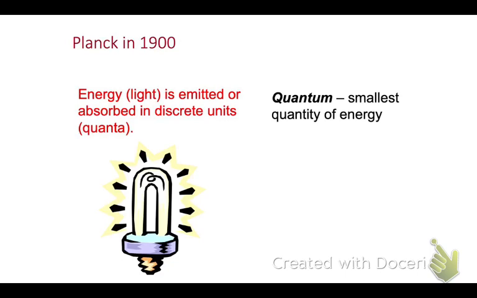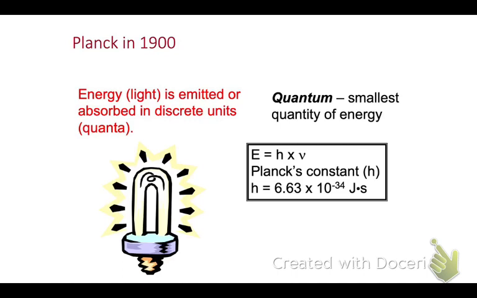Energy comes in little quanta, which are building blocks, if you want to say, and the smallest one we call a photon. So energy is a multiple of photons, just the same way that matter is a multiple of atoms.